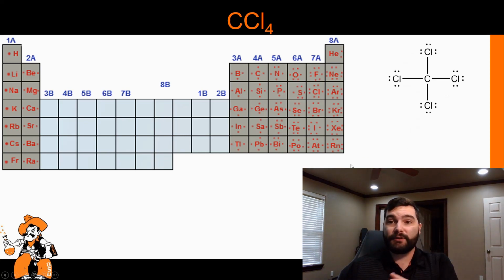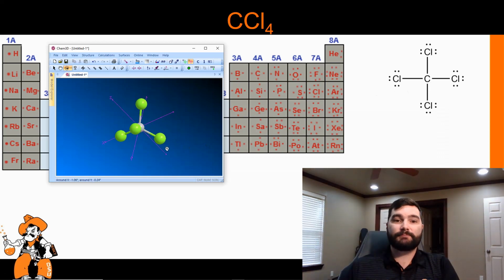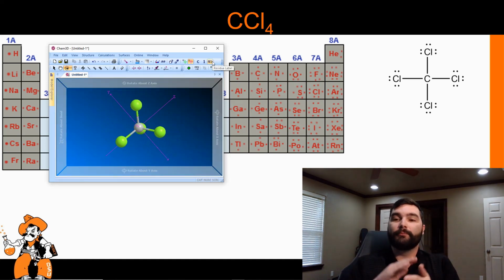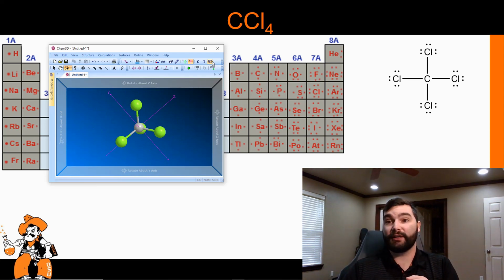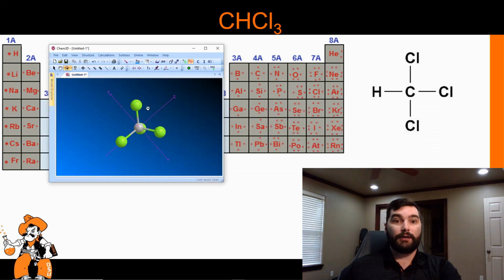In the previous one, technically you do have polar bonds here, but because everything is spaced out evenly and all the bonds are exactly the same, you don't have a net dipole, so you have a totally non-polar molecule. But the moment you change one of those outer atoms to something that has a different electronegativity value, you get a polar molecule.